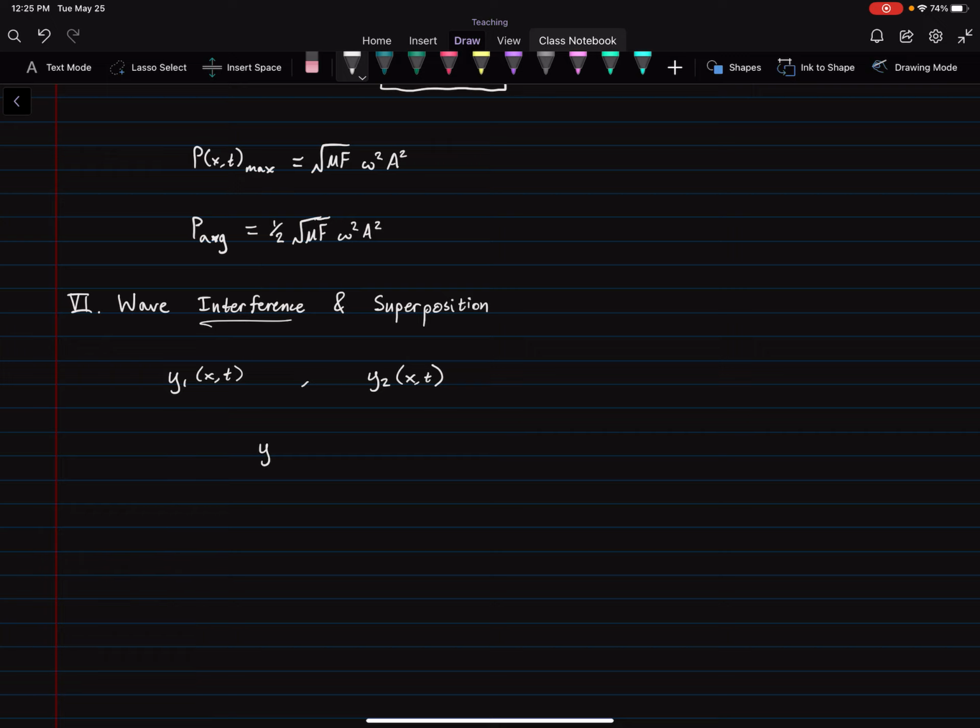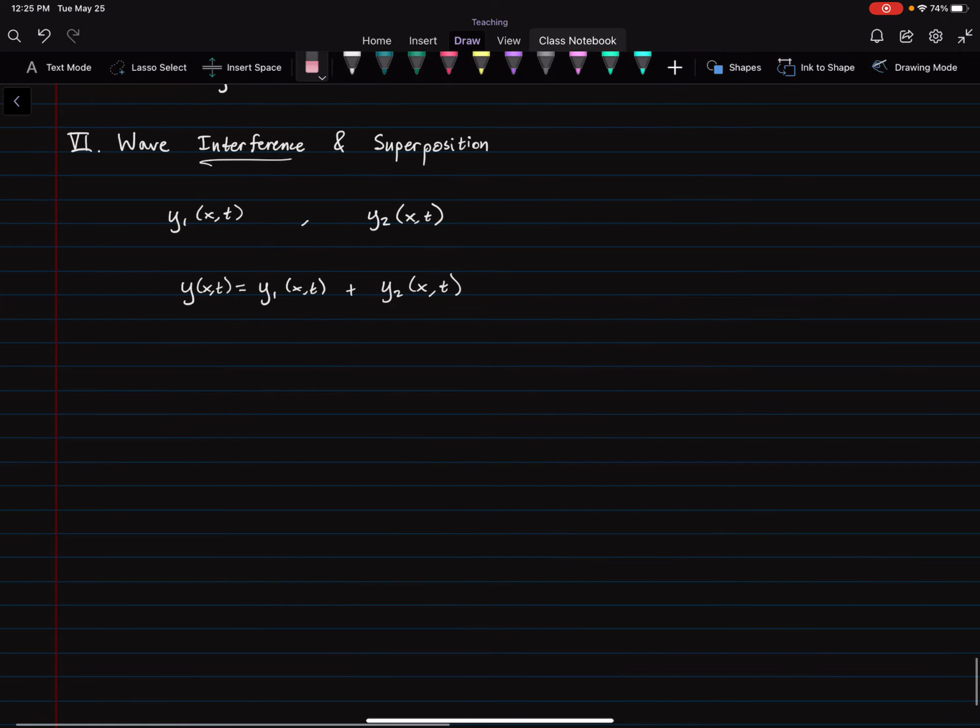Their sum, y1(x,t) plus y2(x,t), the wave y(x,t) that is composed of the addition of each of those. This linear combination property is an example of the principle of superposition, which is a very important property.